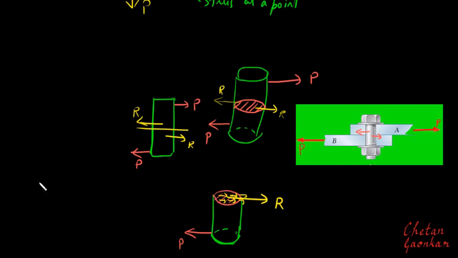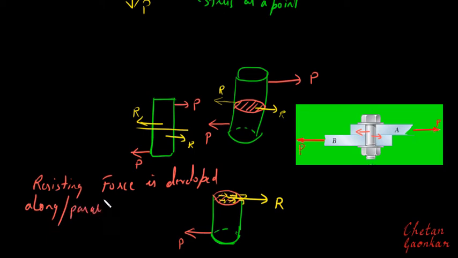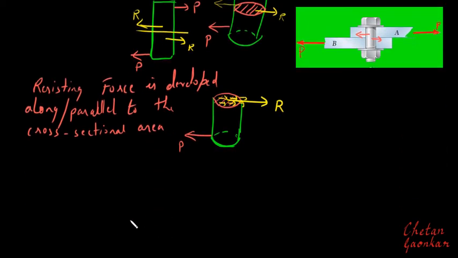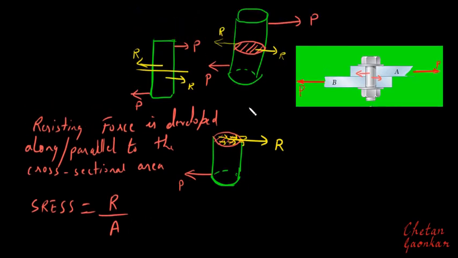So if the resisting forces are developed along or parallel to the cross sectional area, then the stress which will be developed will be, again by definition, the same, R by A, wherein R is this resisting force and A is this cross sectional area.